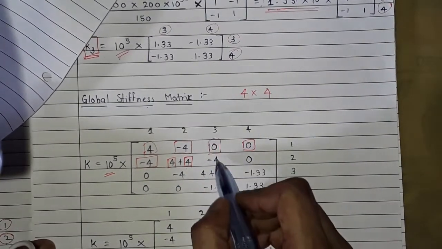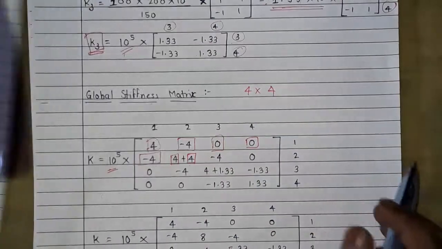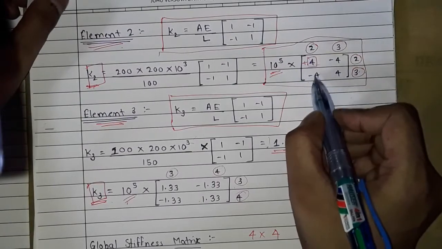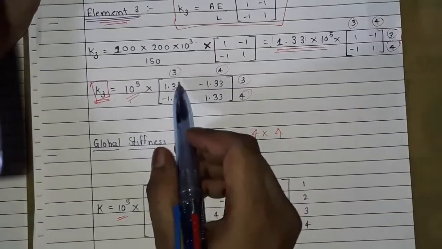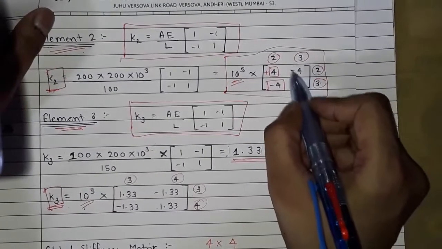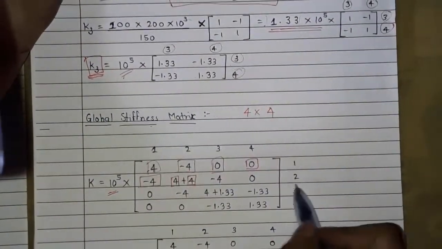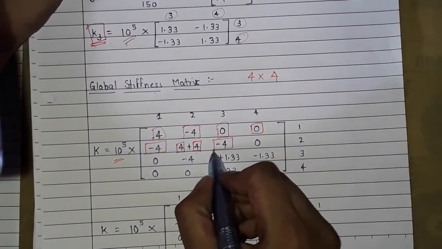Now for third column and second row, let's see in the K1 there is no third column and second row in this. Now in the K2, here it is second column and third row which has value -4, and in the K3 there is no third column and second row value, so here the value in the global stiffness matrix is -4.